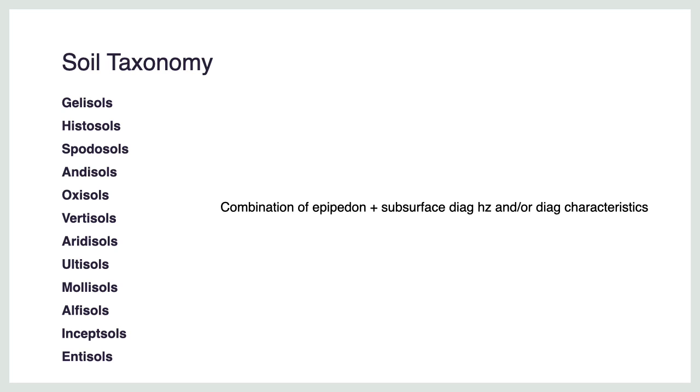So we also consider that they need to be classified first. When you go through the list, as soon as that specific soil profile fits all the criteria to be classified as one of these orders, it should be classified as that specific order. So you should always follow this list. Keep it in mind.